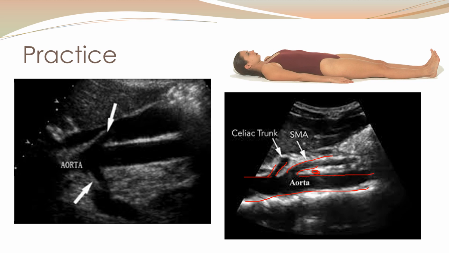This image is up at the proximal aorta, kind of right in the substernal region with the transducer oriented in a long axis. Now this image you see is actually an aorta, and these are the renal arteries coming off of that aorta. You will only get this image if you are in a coronal view.